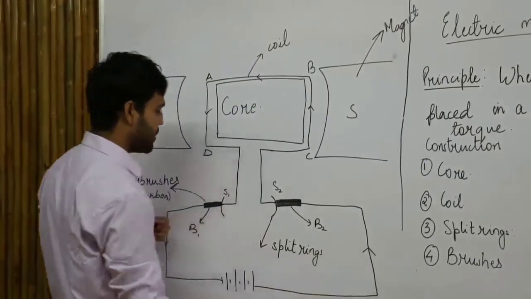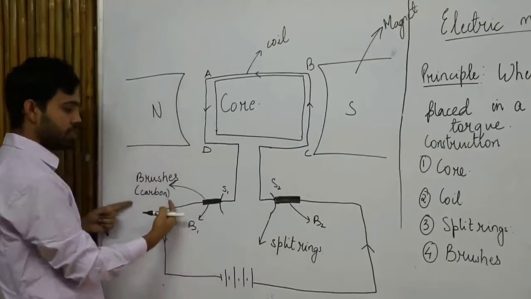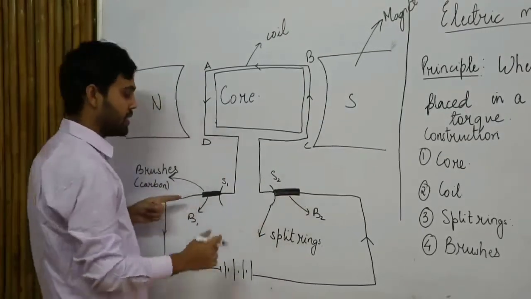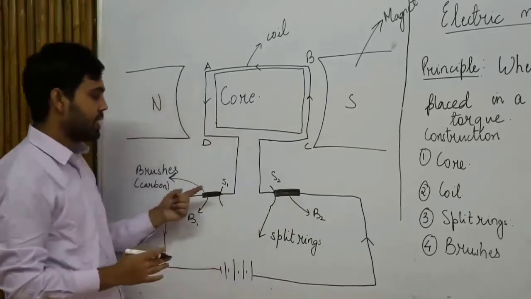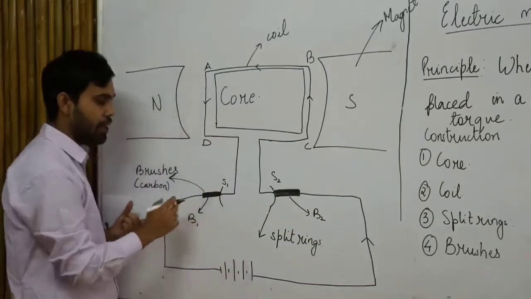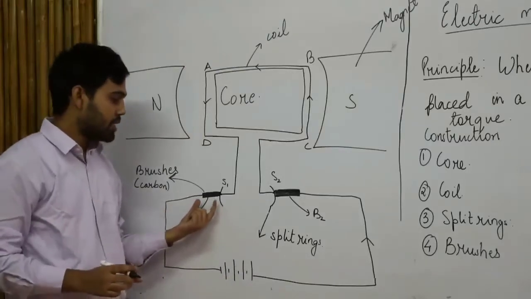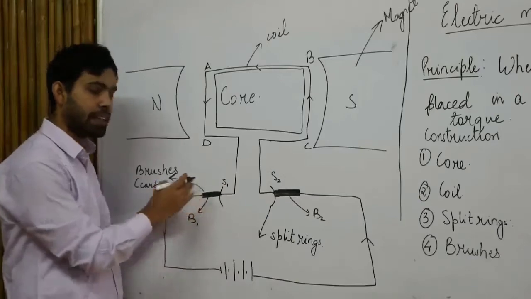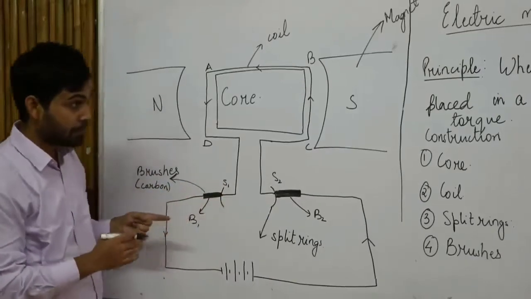Then I have brushes. I have two brushes which are usually made of carbon. What is the function of this brush? The function of this brush is to provide a continuous supply of electric current. This brush is not fixed with the slip ring, which means the slip ring can move out of the brushes.